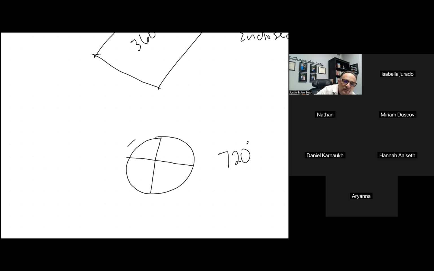Now watch. I put this little cross section of a circle and look, 90, 90, 90, 90. What's 90 times 4? 360.